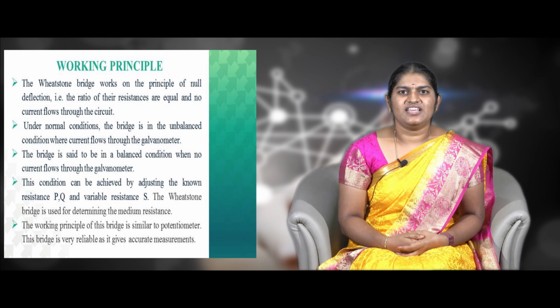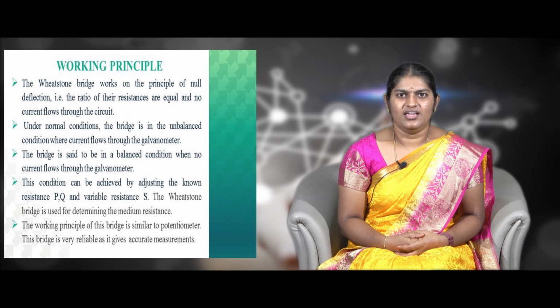This can be achieved by balancing 2 known resistors P and Q and 1 variable resistor S. The Wheatstone bridge can be used to determine the medium resistance. The working principle of the Wheatstone bridge is similar to a potentiometer. The Wheatstone bridge is very reliable and gives accurate measurements.